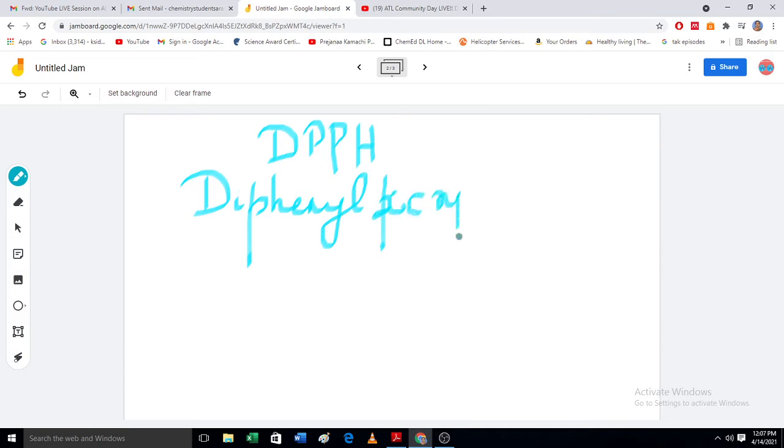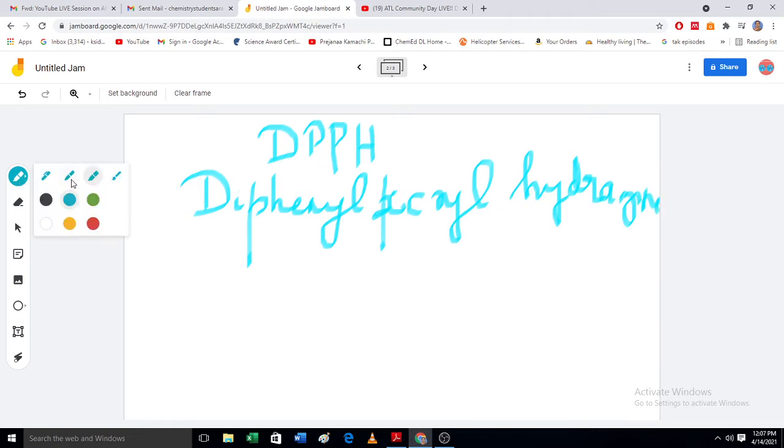Picryl hydrazine. First, how to draw or remember this molecule by heart. We need to remember the hydrazine. Hydrazine, we all know, is NH2-NH2.